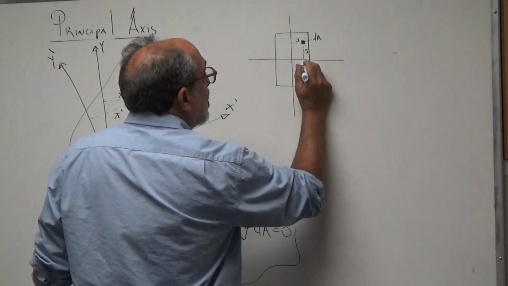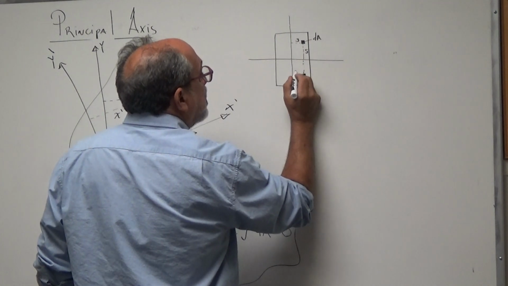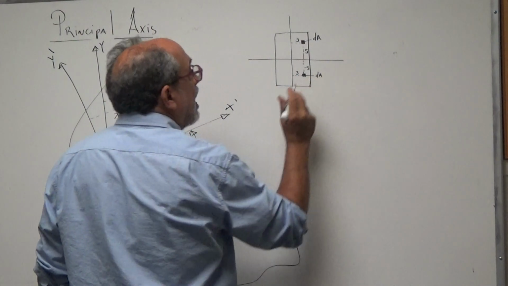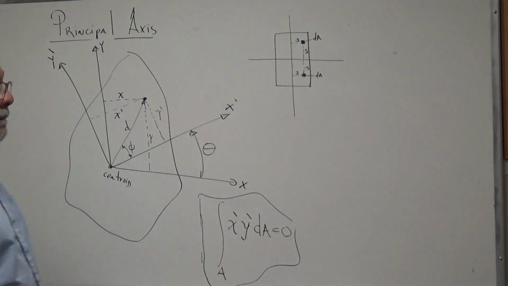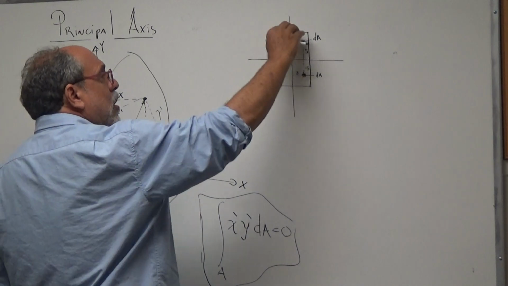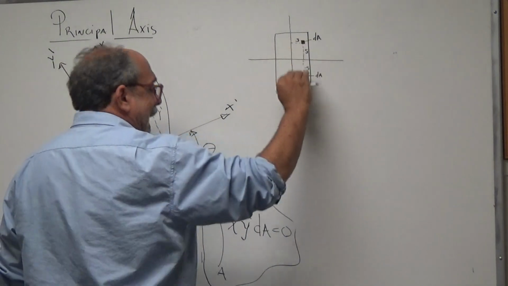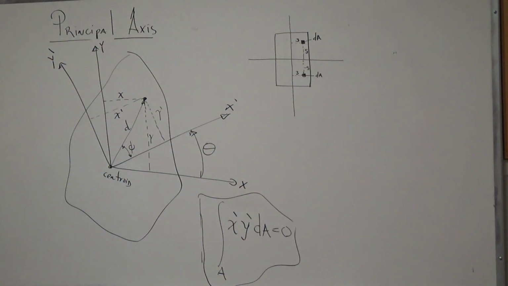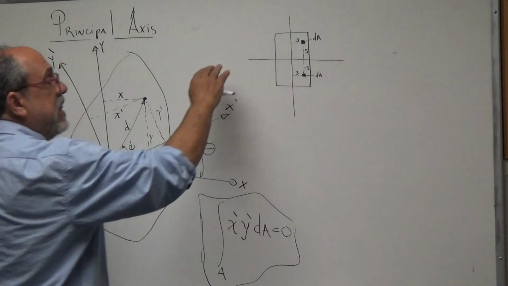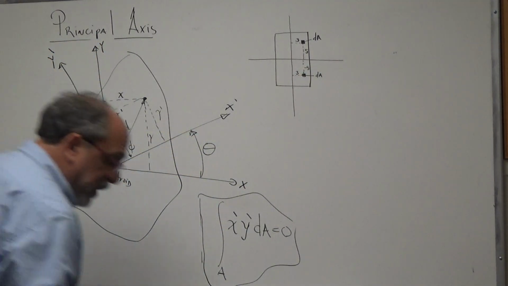So if I look at this other little square down here, which happens to be at 3 and at minus 5, and it has the same dA, then these two will cancel, right? And you can see that for any square that I take, on the upper part, there will be one in the lower part that will cancel and make this sum 0, right? Therefore, when I do it over the complete cross section, I get nothing, indicating that this is a principal axis, okay?